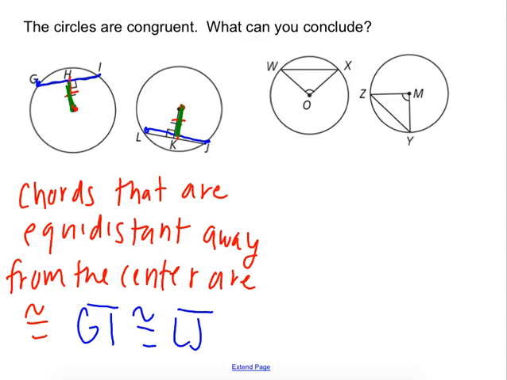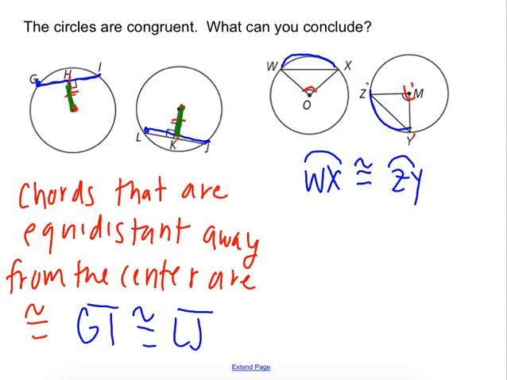Okay, now on this guy here, let's see what we're given. We're given that central angle WOX is congruent to angle ZMY. So what do we know about central angles that are congruent? Well, we know a few things. We know that they have arcs that are congruent. So then we'll have arc WX is congruent to arc ZY.